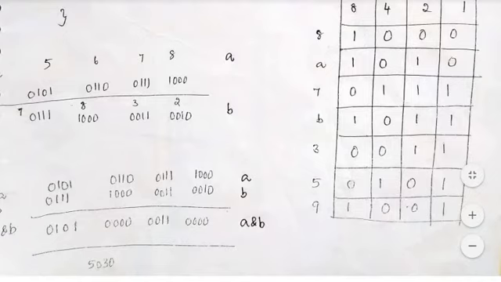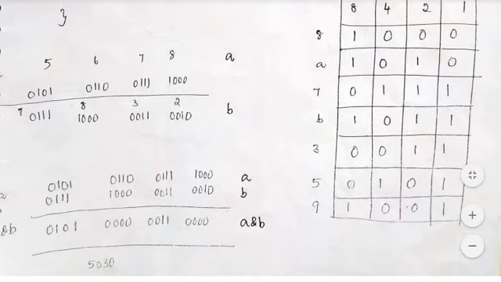As we know in hexadecimal notation, 10 is A, 11 is B, 12 is C, 13 is D, 14 is E and 15 is F. Look at 9. 9 is 8 plus 1, so in the 8's place you put 1, and in the 1's place you put 1. Either you follow this notation, or if you know how to convert decimal to hexadecimal, you follow that.